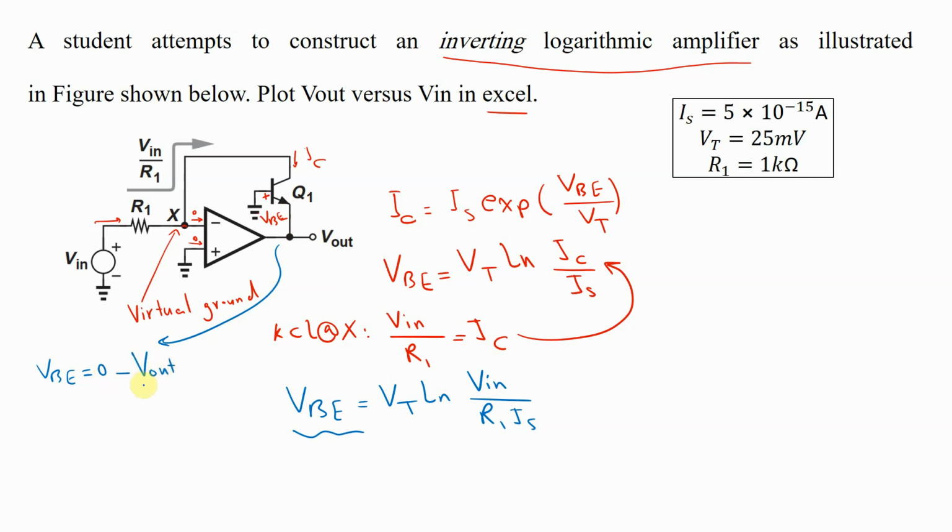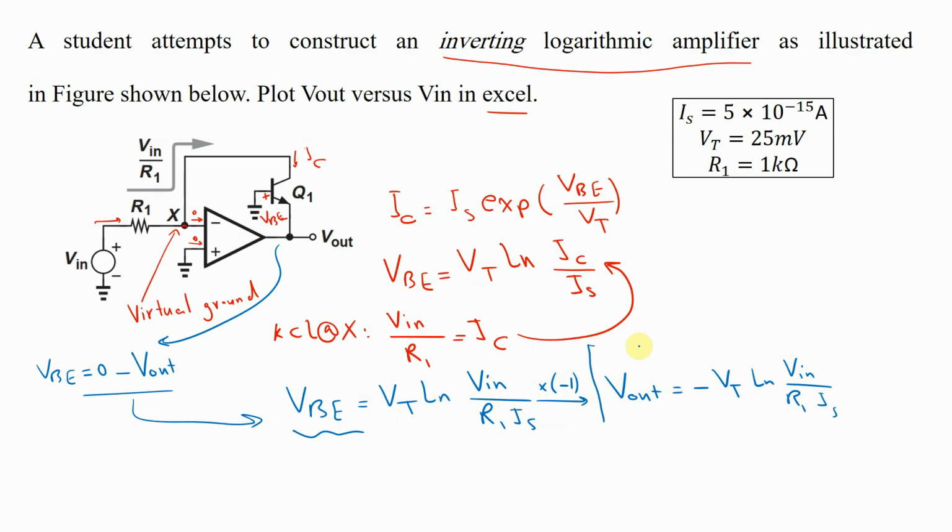So VBE is minus V out. Now we can substitute this into this equation, and here is our final result: V out equals minus Vt ln of V in divided by R1 IS. In the last step, I just multiplied both sides by negative 1.